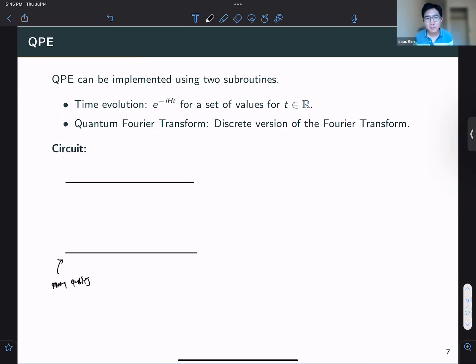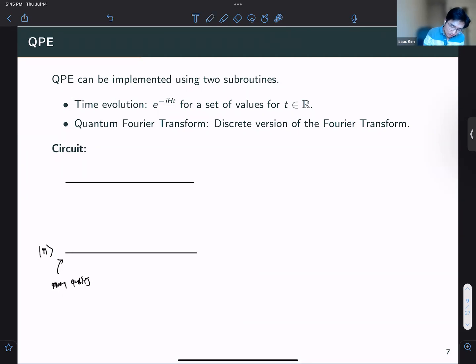I know I'm being somewhat inconsistent with the convention, but think of this as an n-qubit system for some n. We could put in any quantum state here, but it will be very convenient to begin with an energy eigenstate. Later I will tell you what happens if we don't have an energy eigenstate here. But in any case, here you start with an energy eigenstate.